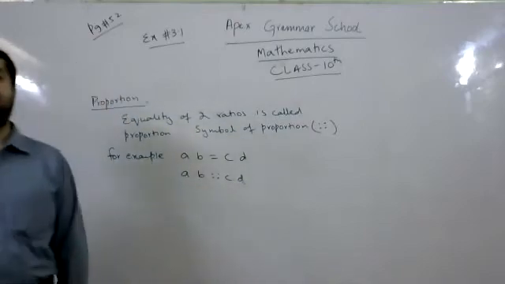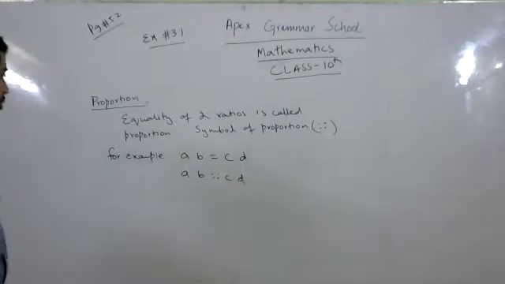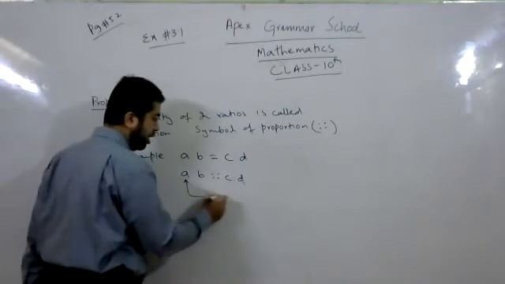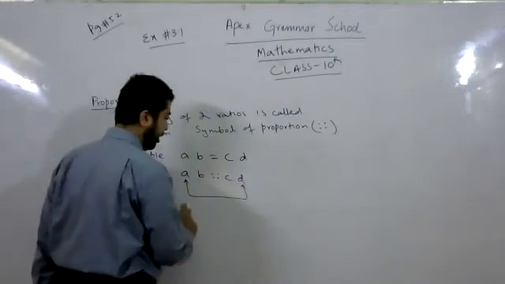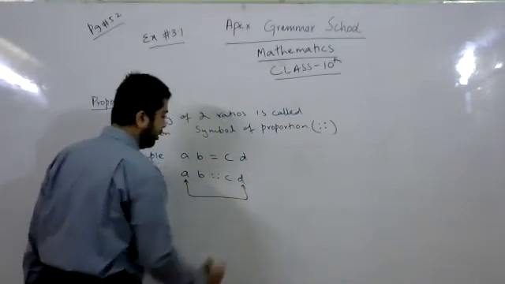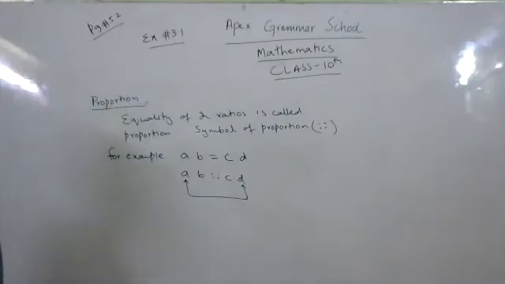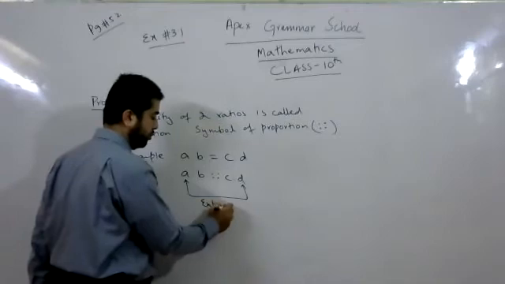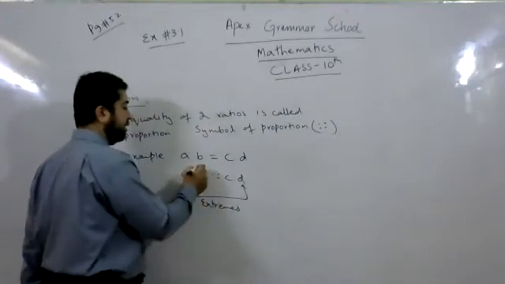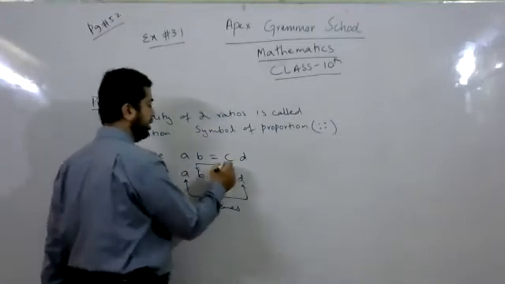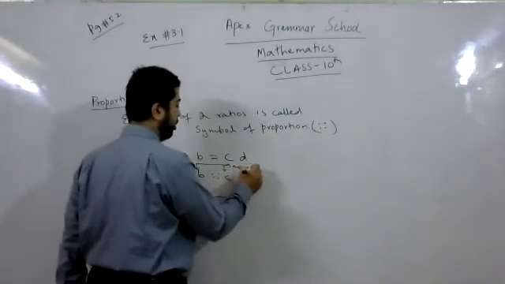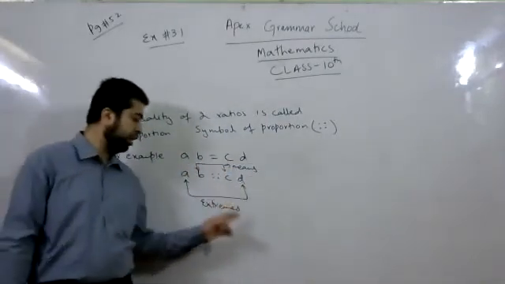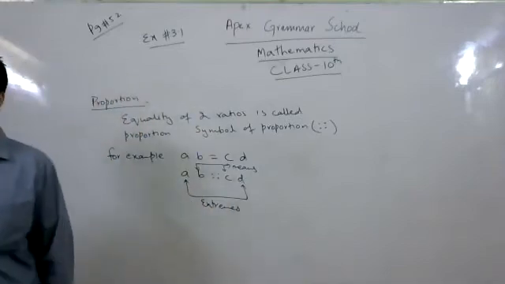Now we can get another formula from this. The outer values, A and D, are called extremes, and the middle values, B and C, are called means.